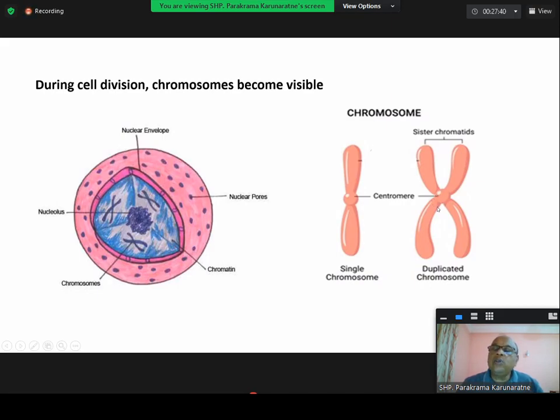So the chromosome structure in the diagrams, you can either draw it like this or like this. In most places, chromosomes are drawn like this. It's just to show that chromosomes are duplicated very often. So either way you can draw it.